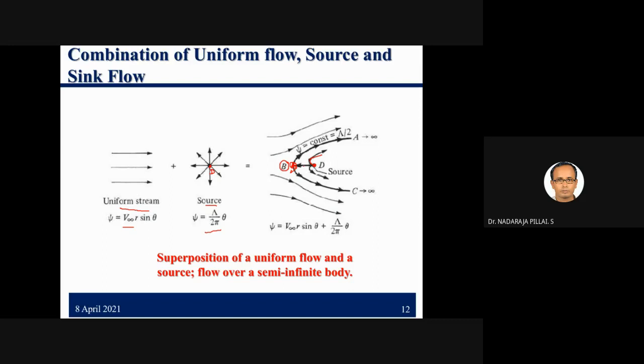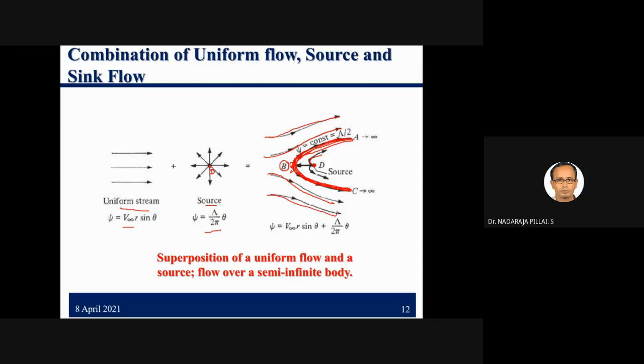So what will happen if I replace this particular streamline ABC with a solid body? It is possible to replace this ABC with a solid body of the same shape, and the external flow, these streamlines, may not feel the difference.